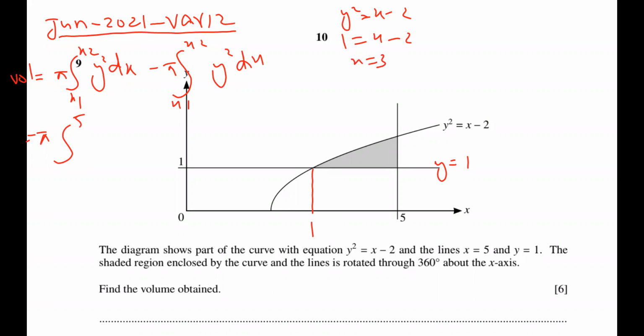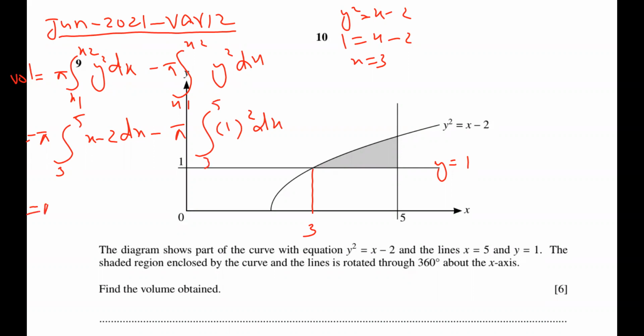So this point is 3. The lower value is 3, the upper value is 5. So 3 to 5, and this y square is the curve, so x minus 2 comes in its place. Done. Again pi. Now this y square is this one, so it means 1 squared dx, and the limit is 3 to 5.